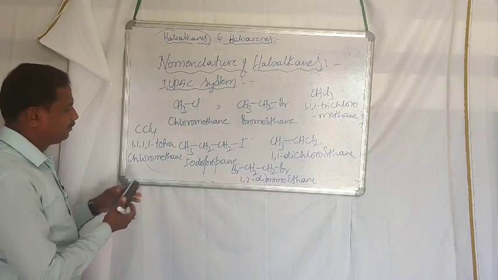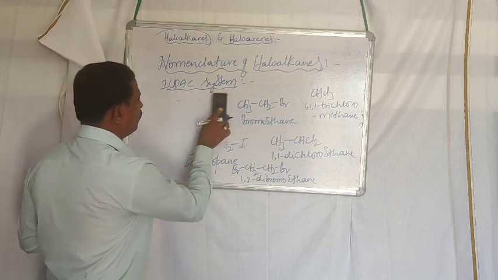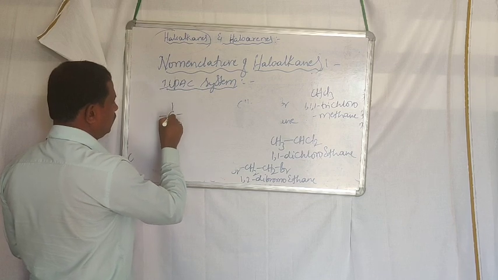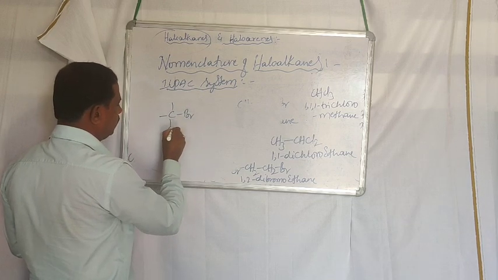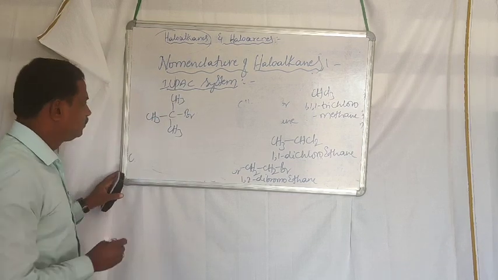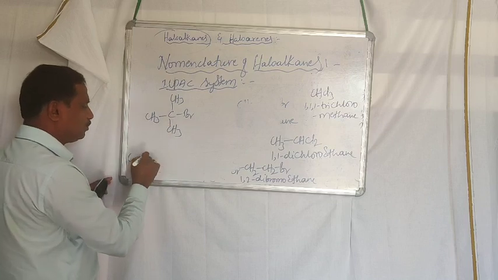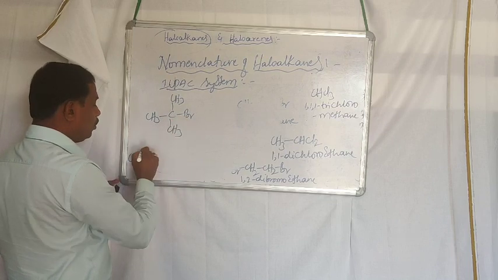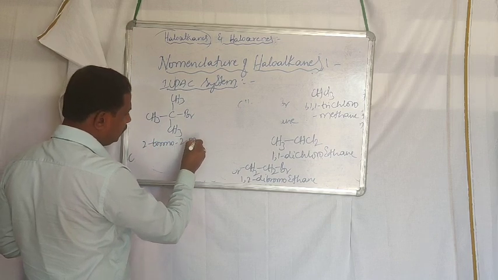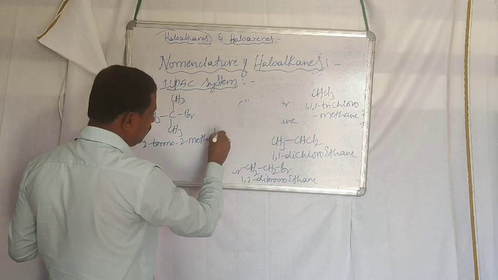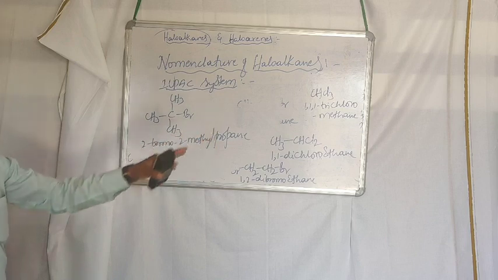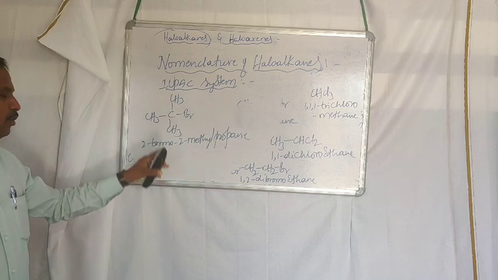You take another example in the IUPAC system, that is CBr(CH3)... The root word is propane, with carbons numbered 1 2 3. That is 2-bromo-2-methylpropane. This is the IUPAC name.